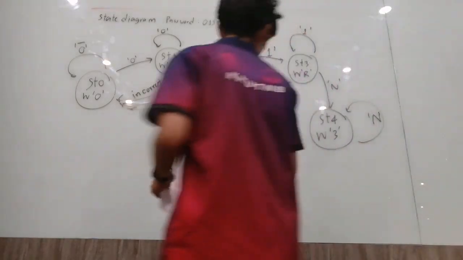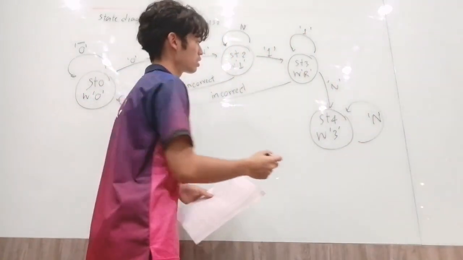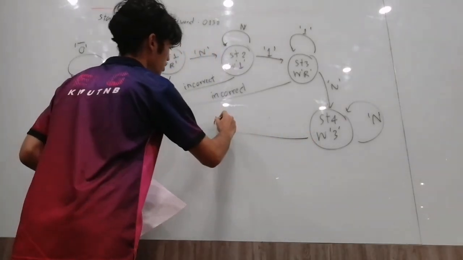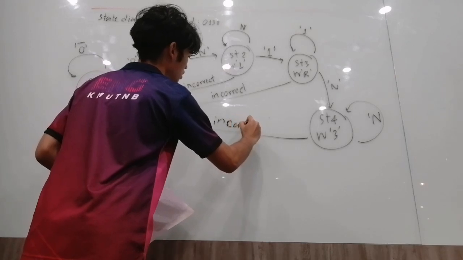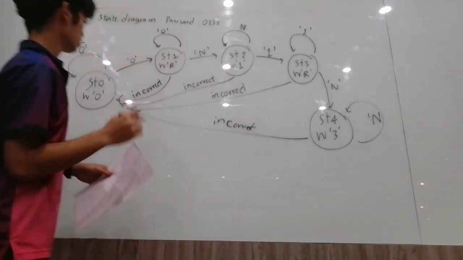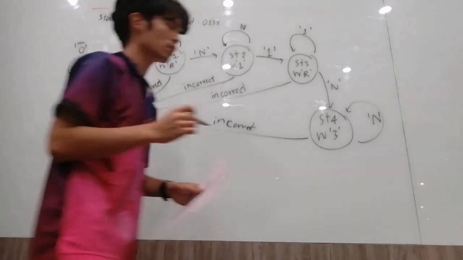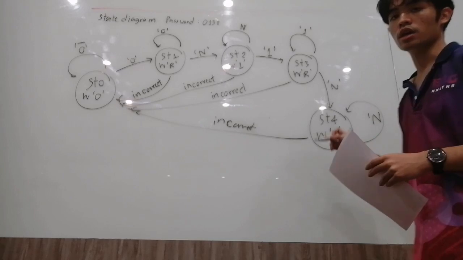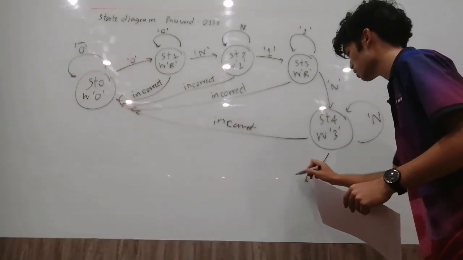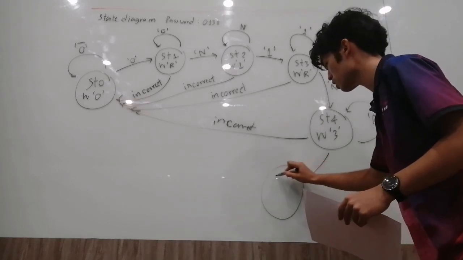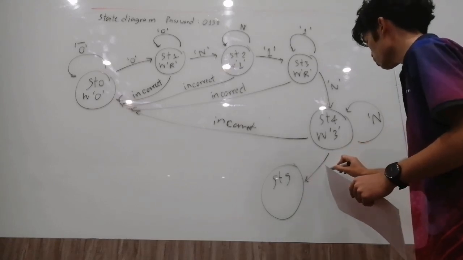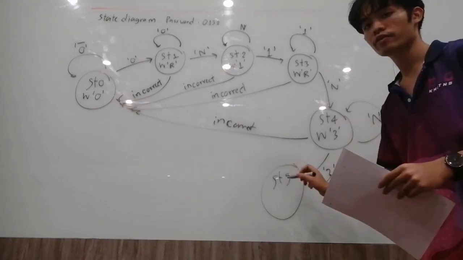If we push the wrong one, it goes to state 0, incorrect. And when we push the correct password, it will go to the next state, state 5. Push 3, it will go to state 5.